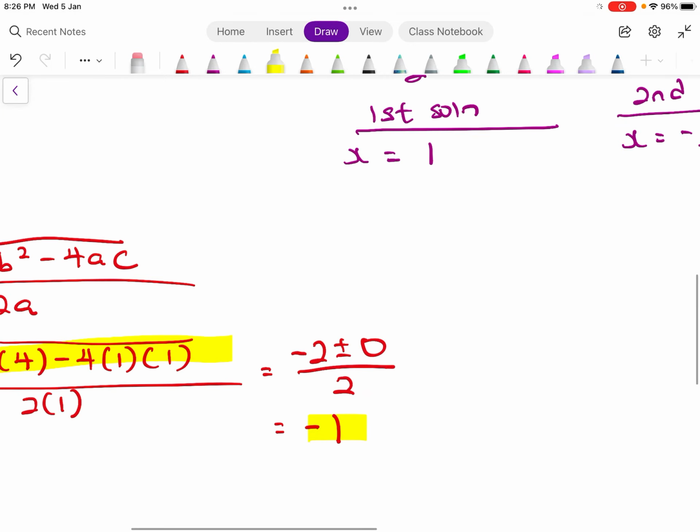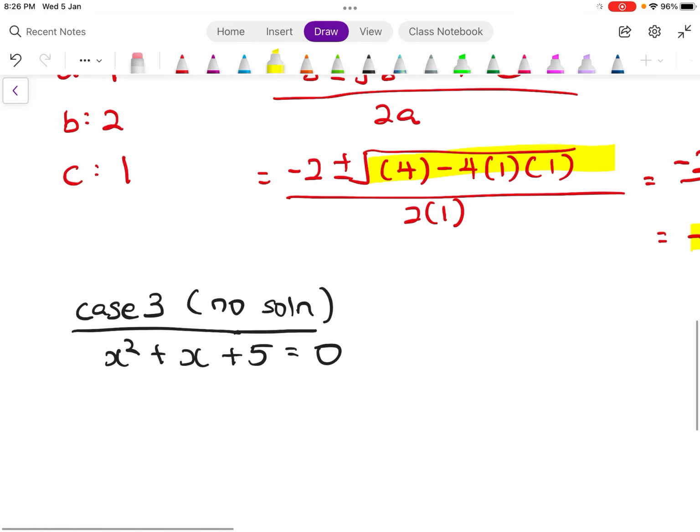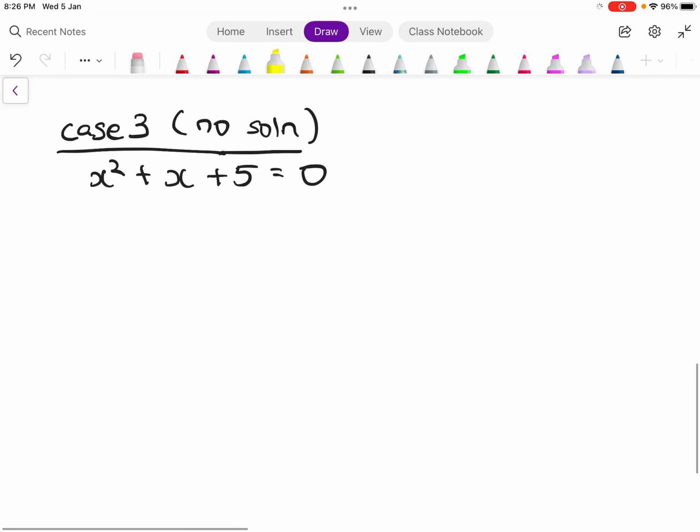Alright, okay, so now let's move to case 3 where I don't have any solution. Means that when you want to get the answer for x, your calculator will say it's an error. So same thing, let's put down A is 1, B is 1, C is positive 5.